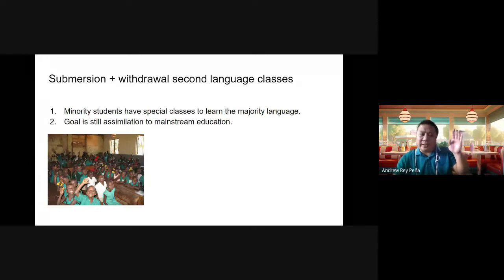For example, when the Agta could already speak a good amount of Filipino or Tagalog, the teaching stops. They're no longer withdrawn for another class. Okay, that's submersion plus withdrawal second language classes. So the goal is still assimilation to mainstream education.